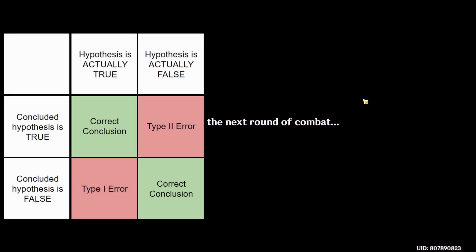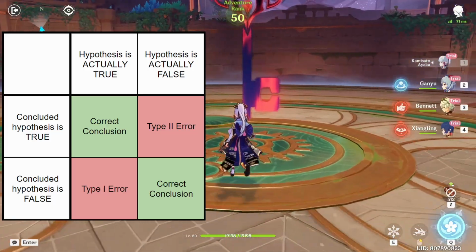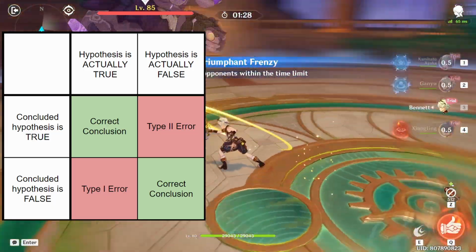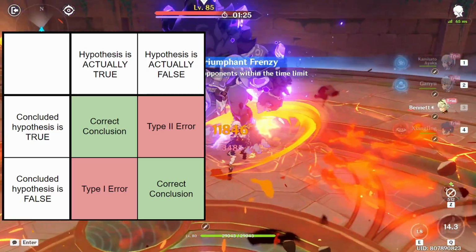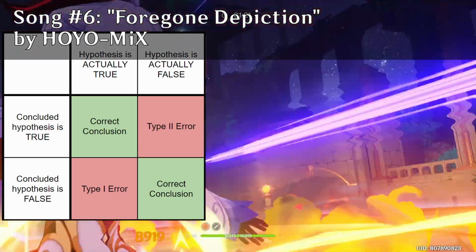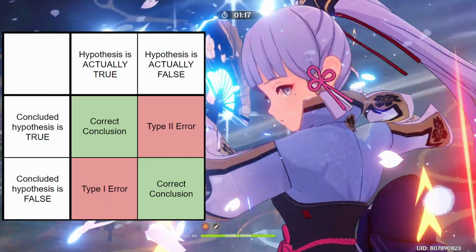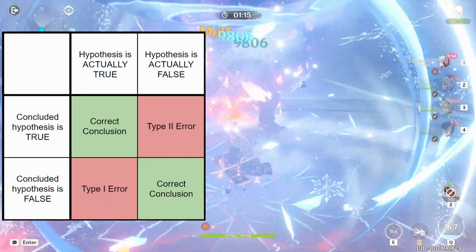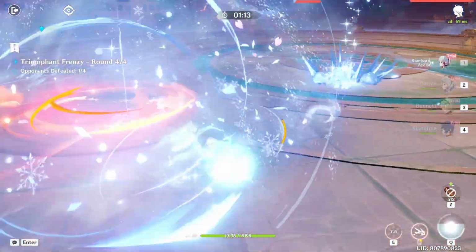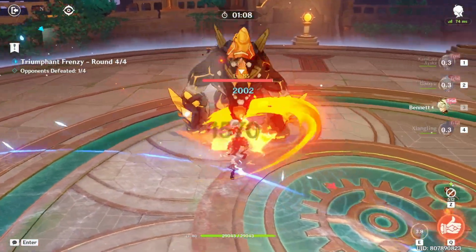1. A true hypothesis was correctly deemed as true. 2. A false hypothesis was correctly deemed as false. 3. A type 1 error, which is that a true hypothesis was incorrectly deemed as false. And lastly, 4. A type 2 error, which is where a false hypothesis was incorrectly deemed as true. In statistics, we usually focus on either the type 1 or type 2 error.